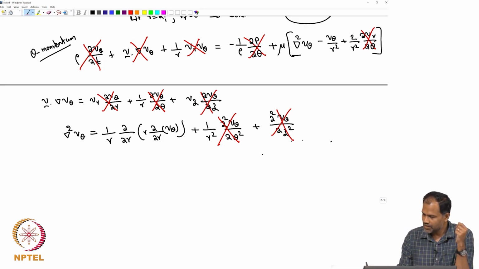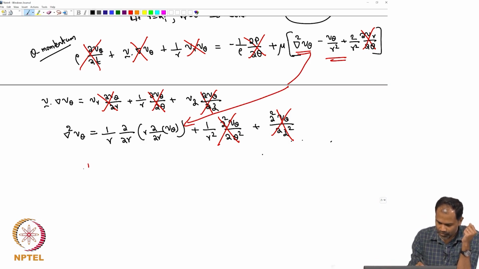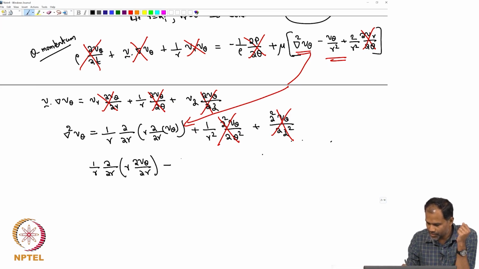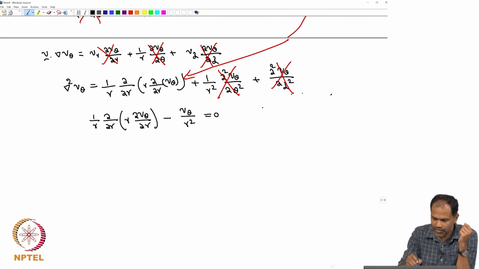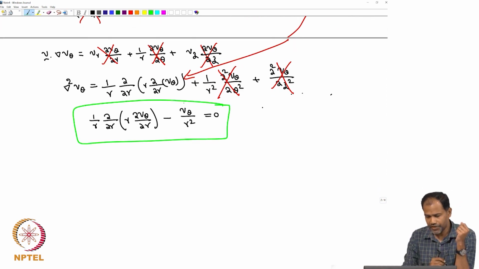So we end up with 1 over r del by del r of r del v theta by del r, minus v theta by r square, equal to 0. That is what the theta momentum equation reduces to.